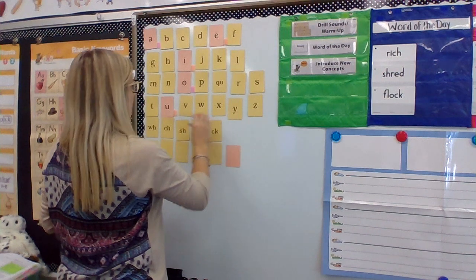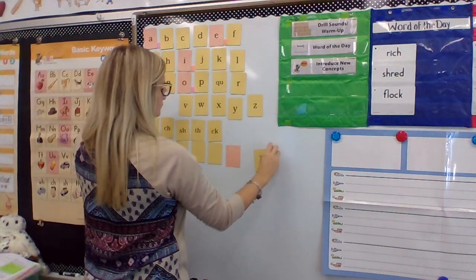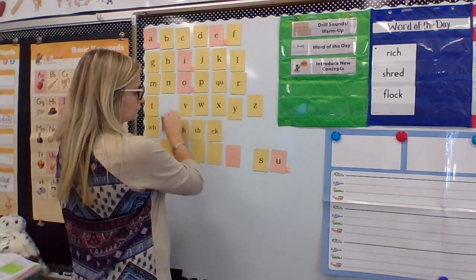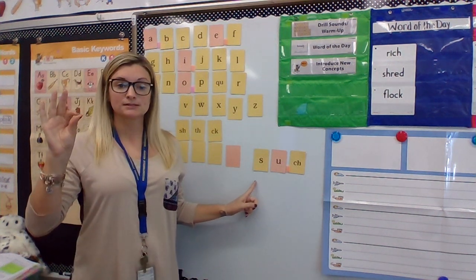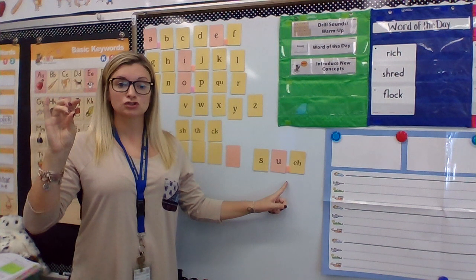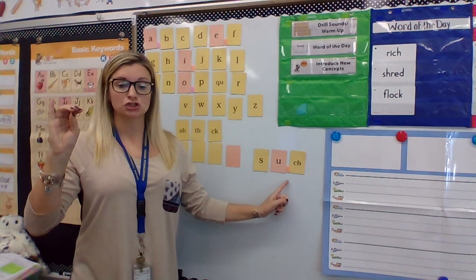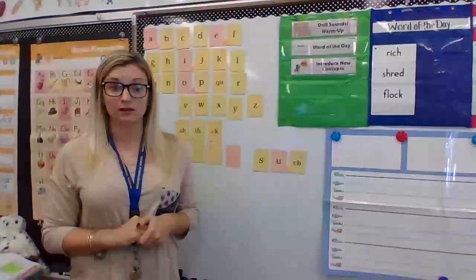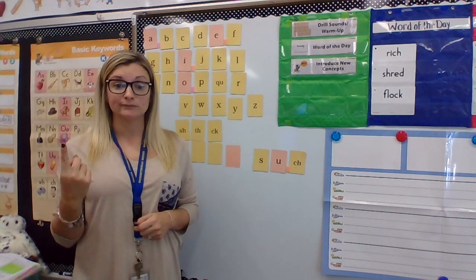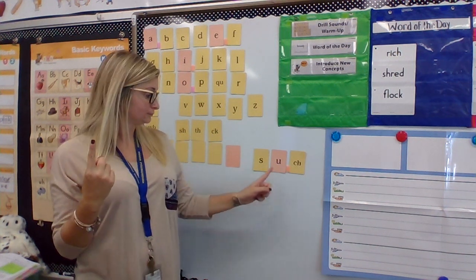Let's go ahead and do another one. Let's tap it out. S, u, ch, such. Excellent. Let's see if this one is a closed syllable. First rule, it has to have one vowel.